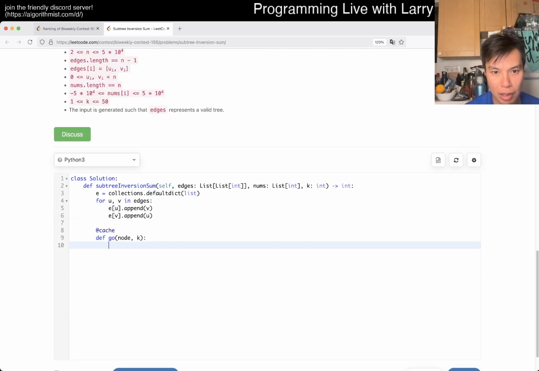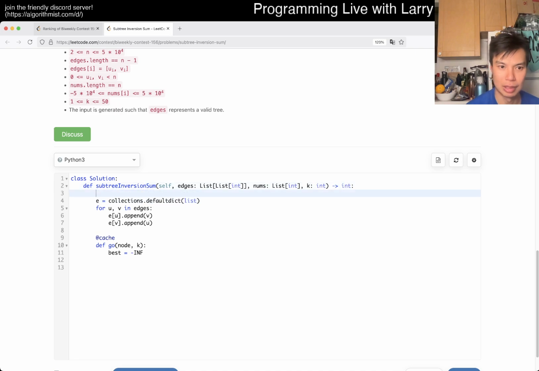So, okay, right? Total is equal to 0 for now, or best maybe. Yeah, I don't even know actually, because it could be negative. So I think maybe best as negative infinity would be a little bit less risky. Okay, so now we want to say, okay, invert this subtree, and then we don't, right?